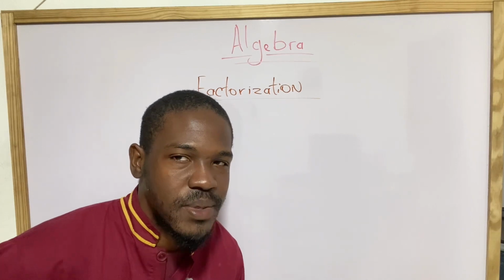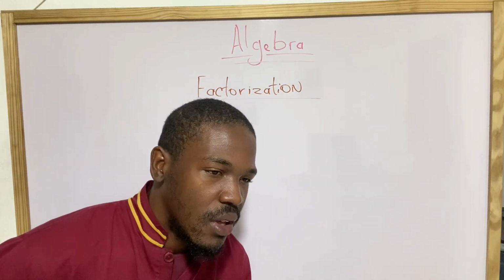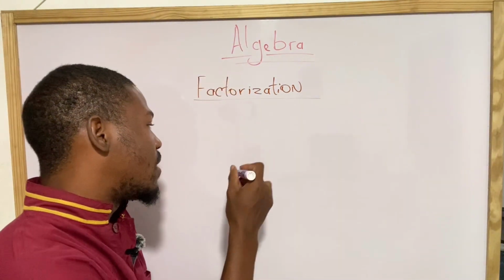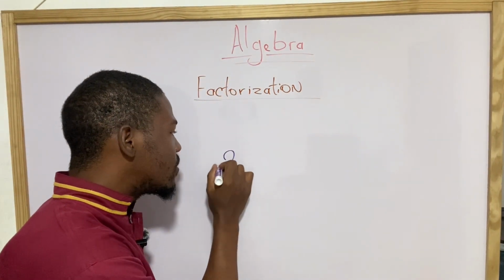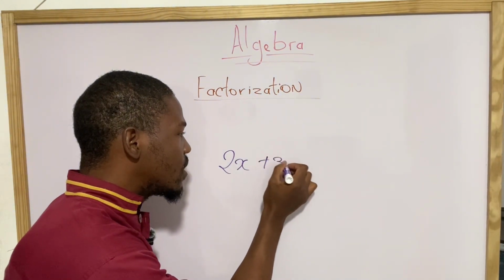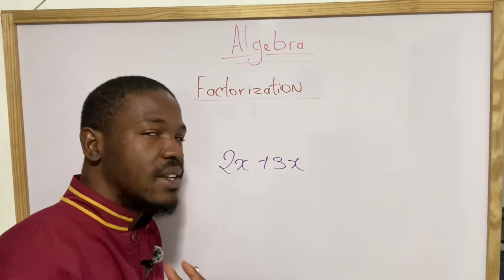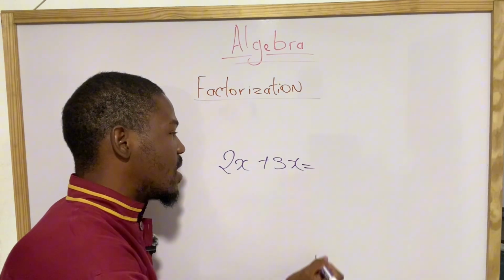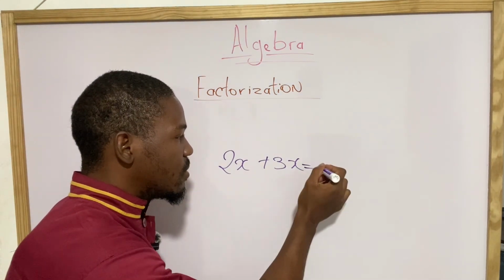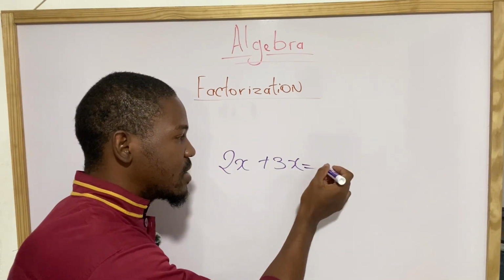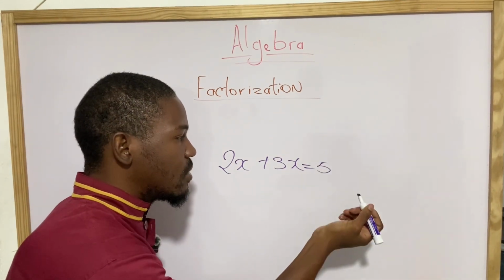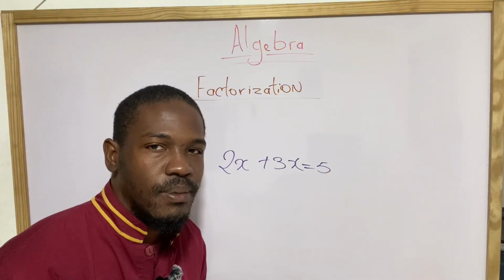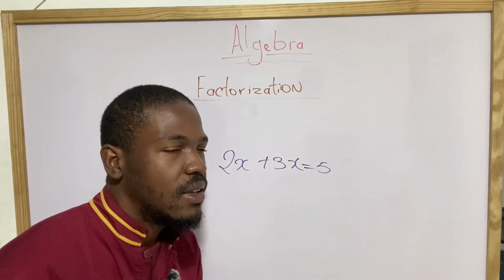There's a difference between expressions and equations. So I have 2x plus 3x. That's an expression. But an equation is when you have an equal sign, and you might even put, say for example, 5, or anything you put there, that is going to be my equation.